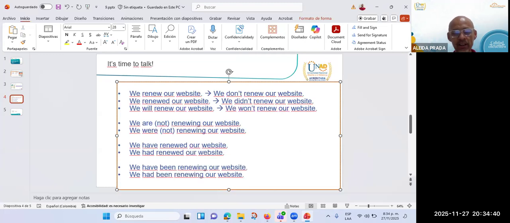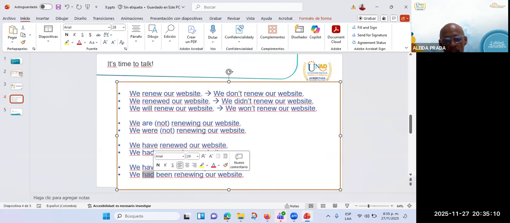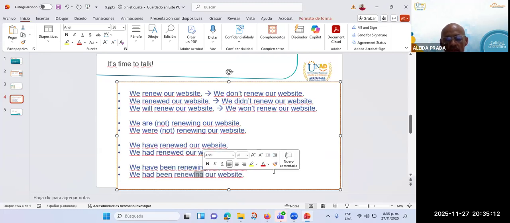So it's a little complicated, a little complex, but those are the tenses in English, and it's the same in Spanish. Nosotros hemos estado renovando, nosotros habíamos estado renovando. Es presente perfecto progresivo. Se llama progresivo porque termina en ing, ¿no? Presente porque es el presente del verbo have. Pasado perfecto progresivo. Pasado porque estamos utilizando el had. Y progresivo porque estamos utilizando el ing.